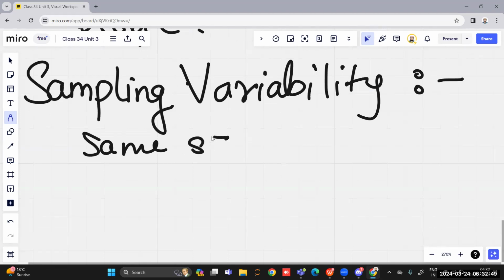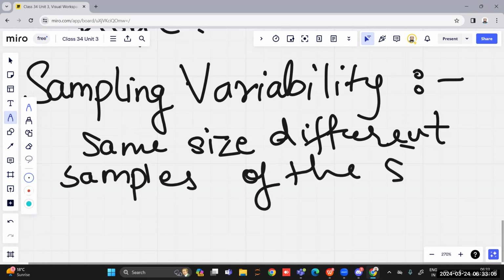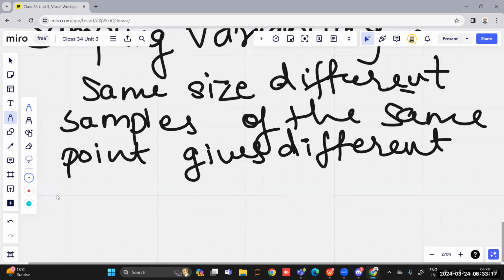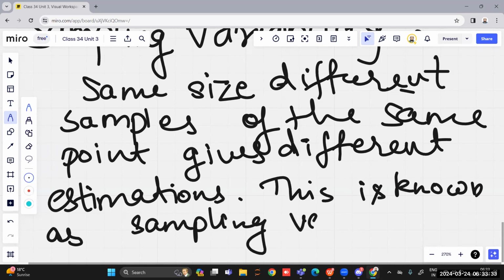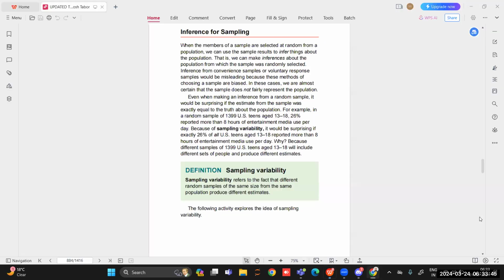Different samples of the same size from the same population give different estimations. This is known as sampling variability. Is it clear? What is sampling variability?